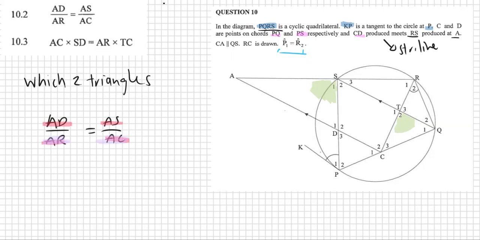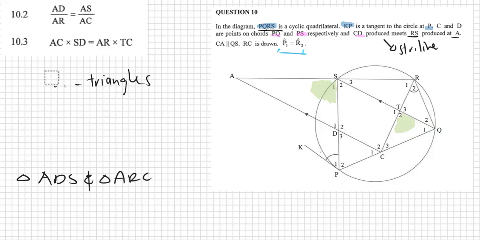So one of our triangles has to use ADS, and that's lucky. So it's AD and S has to be in one triangle. And the other triangle, from the top and from the bottom, is ARC. So we're looking at these two triangles. That's how I figure out my triangles, and how I figure out if I'm going for similarity or prop theorem.